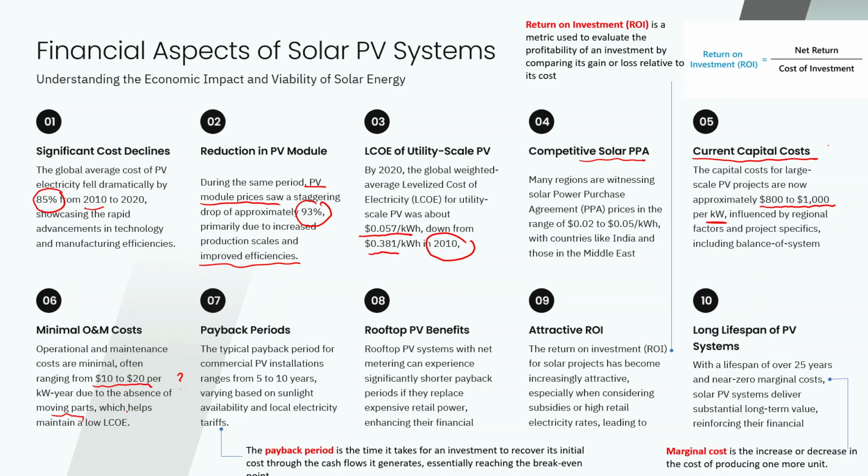So this helps maintain a low levelized cost of energy, because though the capital cost is very high, the operational and maintenance cost is very low, and the fuel cost is almost zero. So that keeps the levelized cost of energy low.